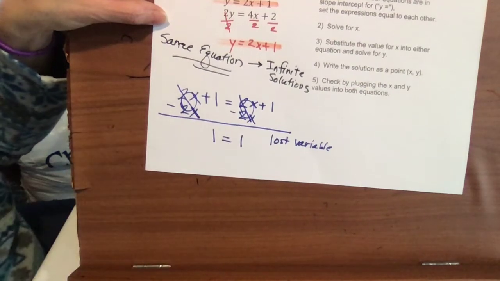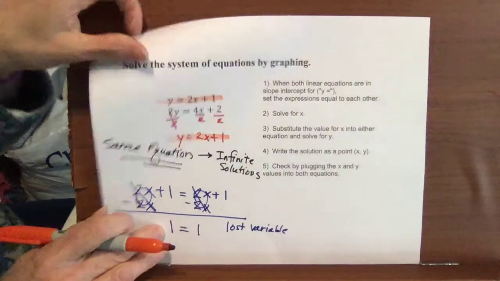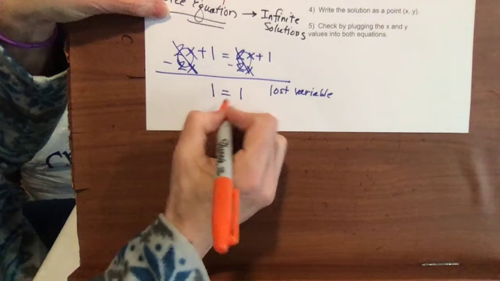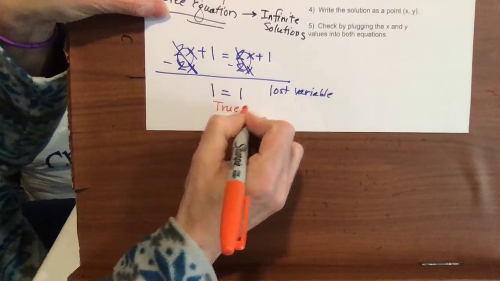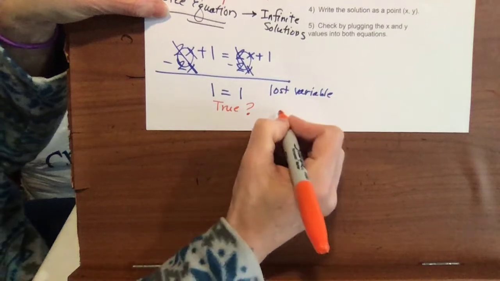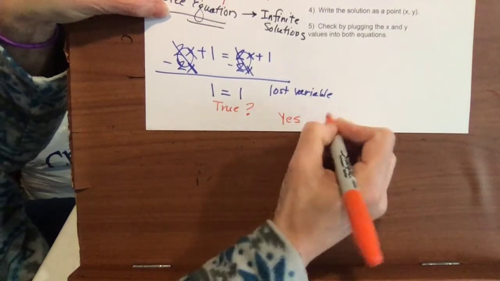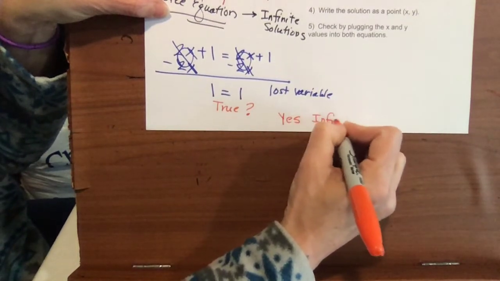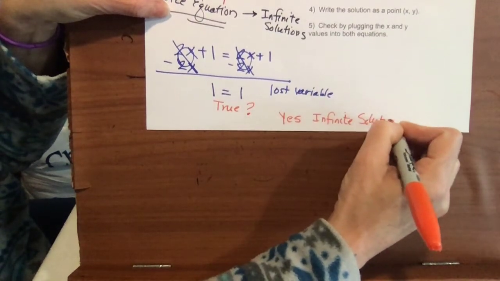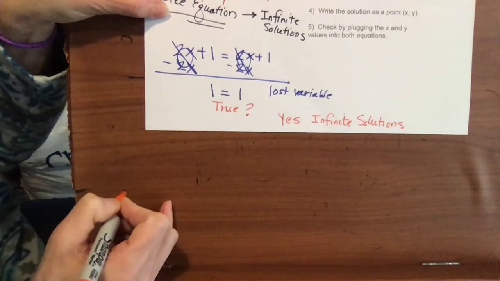The bottom line is when you get here, you have to say to yourself, hey, if I have a number equals a number, and this is my final act, is this true? Is 1 equal to 1? If the answer is yes, then you have infinite solutions, which means it's the same line graphed over the same line.